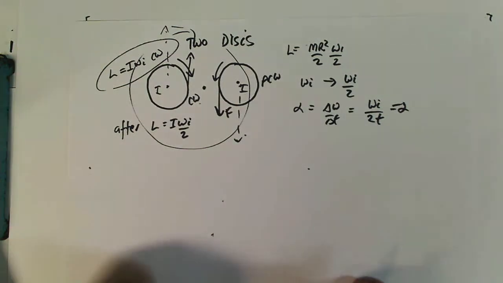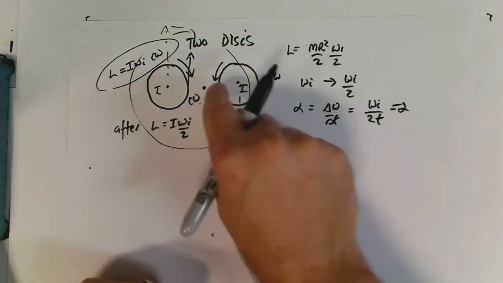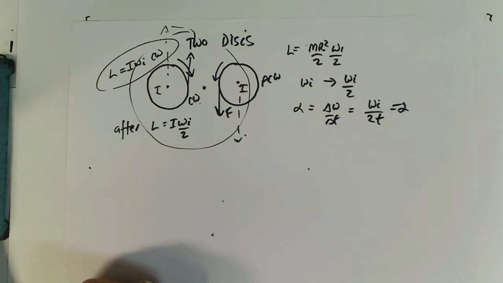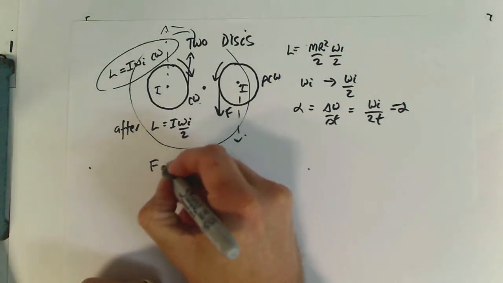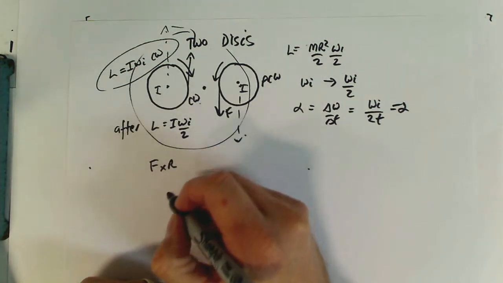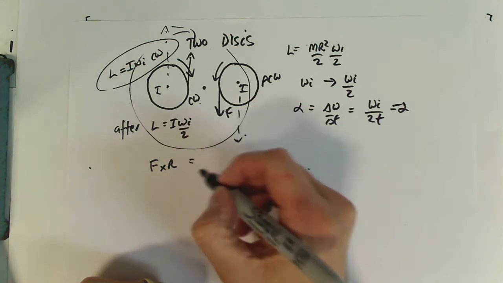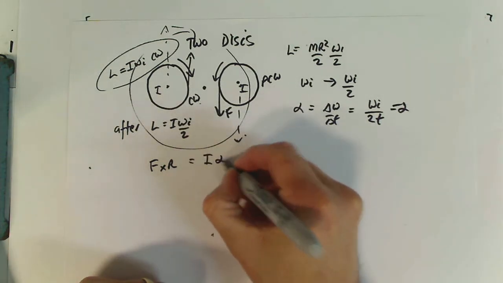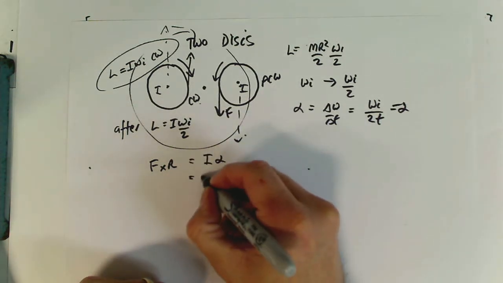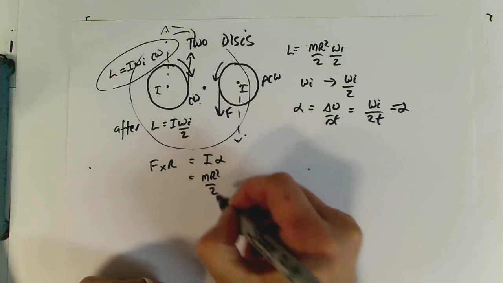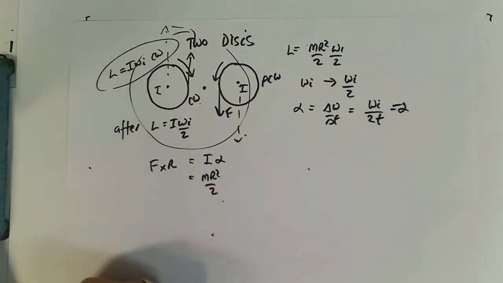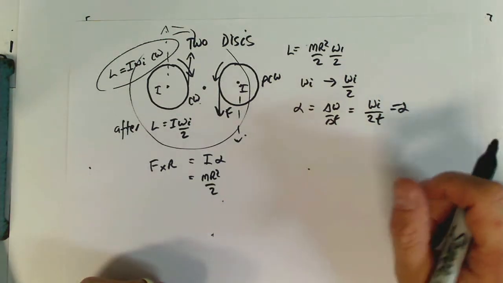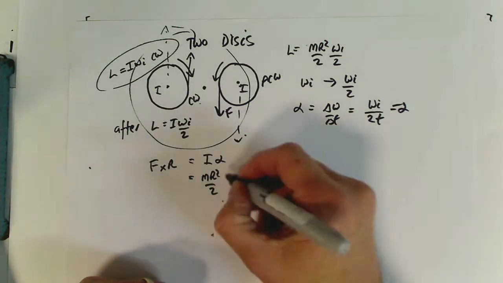Now how's that going to help us? Well, let's go back to the fact that there must be a force exerted on these disks when that happens. So that force times the radius, alright, must be equal to I alpha, but I is equal to mr squared over 2 times alpha, alright? But we just said the alpha was equal to omega I over 2t.